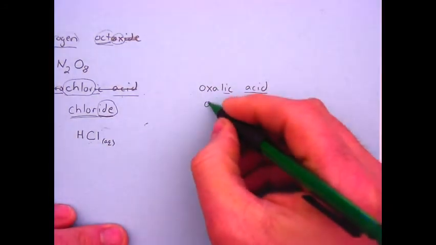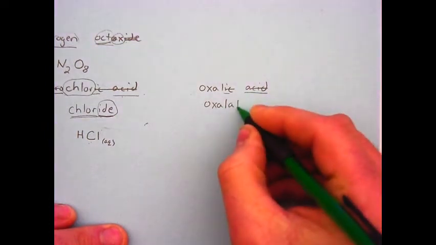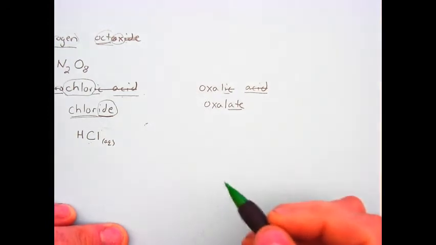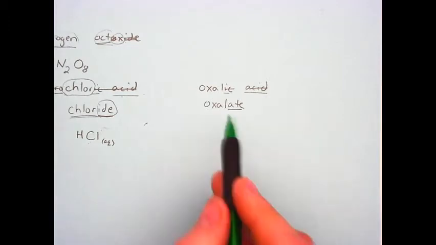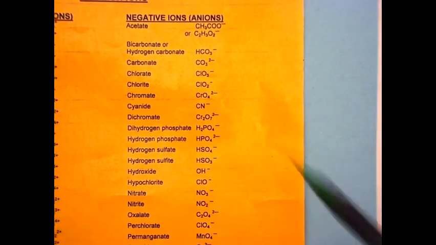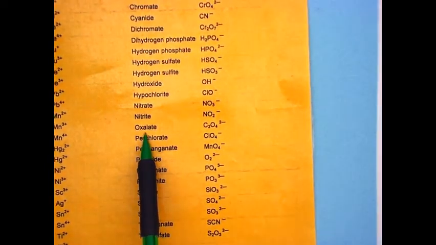So we take oxal, get rid of the ic acid and add ate. Since it ends in ate, it has to be a polyatomic ion. Ate or ite ending means that it has to be a polyatomic anion, which means we look for oxalate on the back of our periodic table on the side that has the negative ions. And we look down for oxalate, and it's right here.